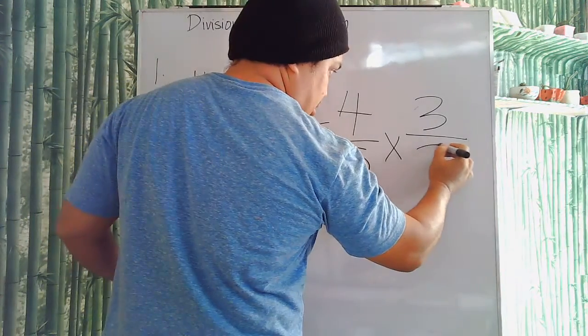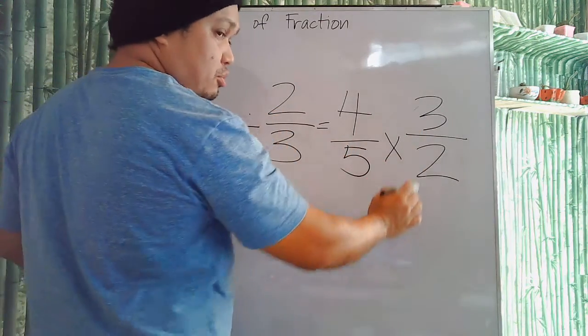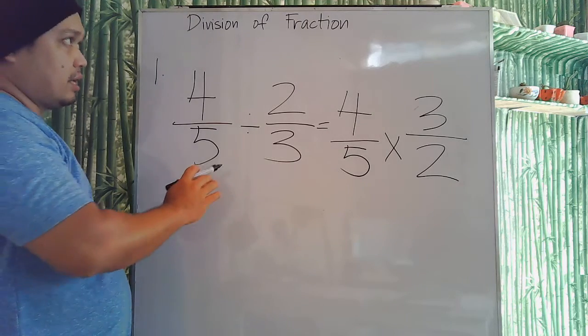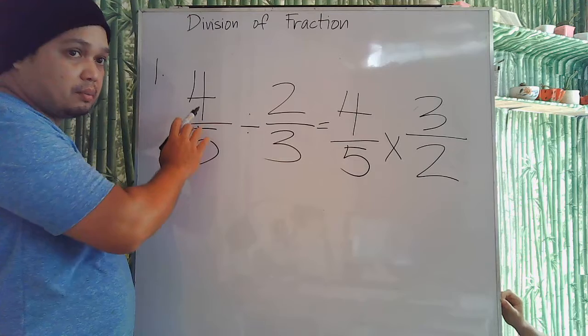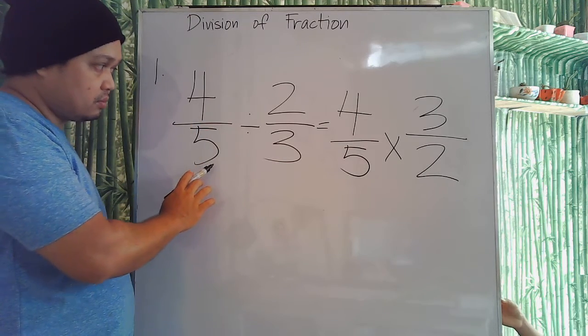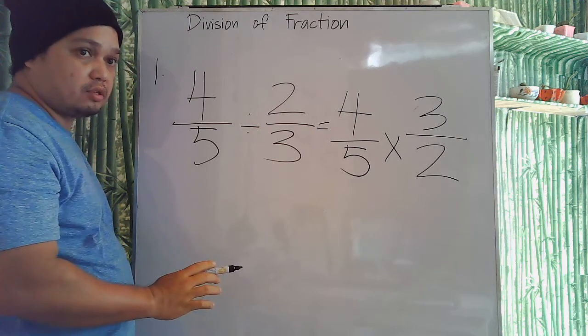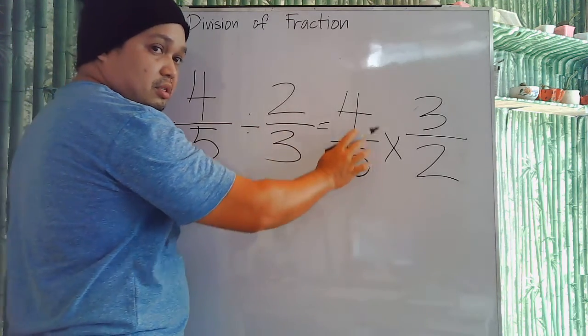So 2 thirds becomes 3/2 for the reciprocal. So again, how to divide fractions? By simply multiplying the fraction by the reciprocal of 2 thirds. So it becomes 4/5 times 3/2.